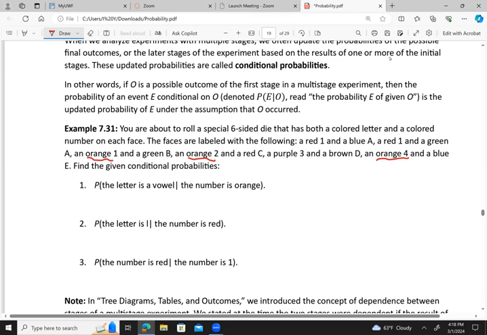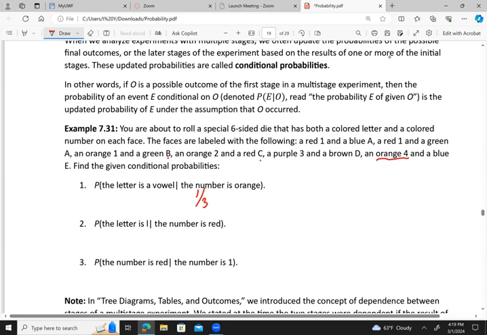We know it's orange, so we know it's going to be one of these 3. Are any of the letters a vowel? B is not a vowel. C is not a vowel. But we have a blue E, so we have 1 out of 3. So now that we know the color of the number is orange, the probability of having a vowel is 1/3.